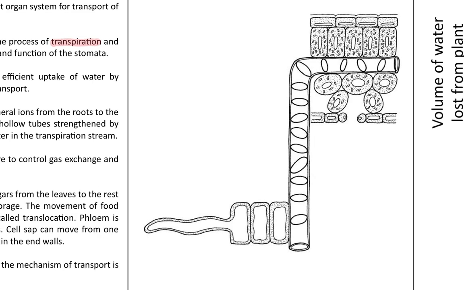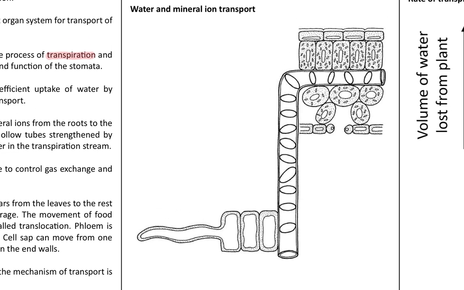Again, this is very much a diagram, but this is our root hair cell here. The root hairs are in the soil, and therefore water is going to move into the cell by osmosis.